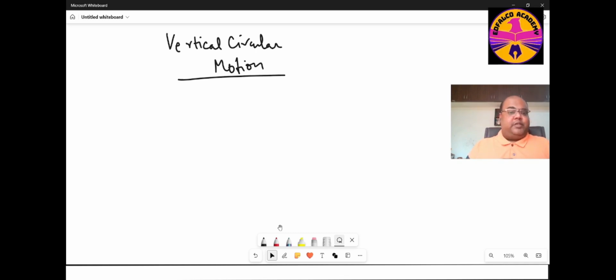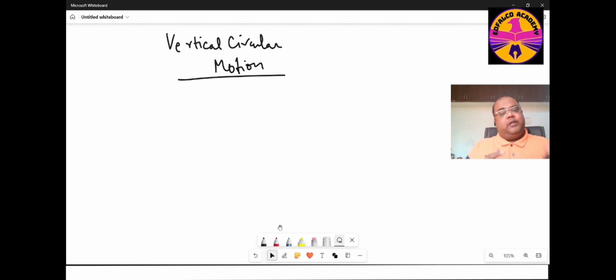Based on that, the body was just going in a circular path. Obviously, the velocity was tangential to the path, and there was centripetal acceleration whose value was mv square by r, where r was the radius of the circle. All these things we have understood, right? With that assumption, we made a simplified model of what we called circular motion.